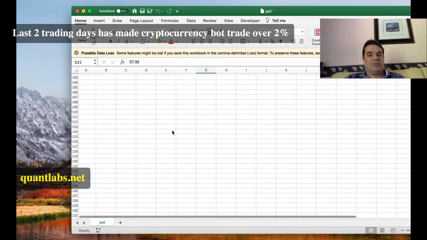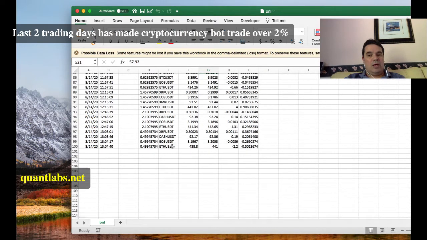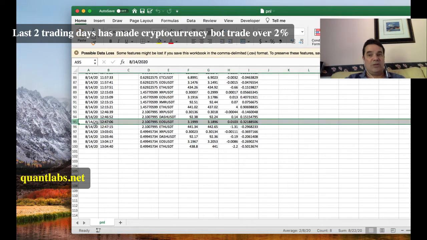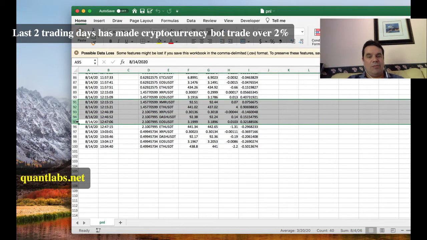Okay, so what has been trading fairly well? Up until a certain point, we were taking on quite a lot of profitable positions, up until 12:47. So let's say half an hour ago. And when our weighted average is higher after a certain amount of time, it will take more positions.